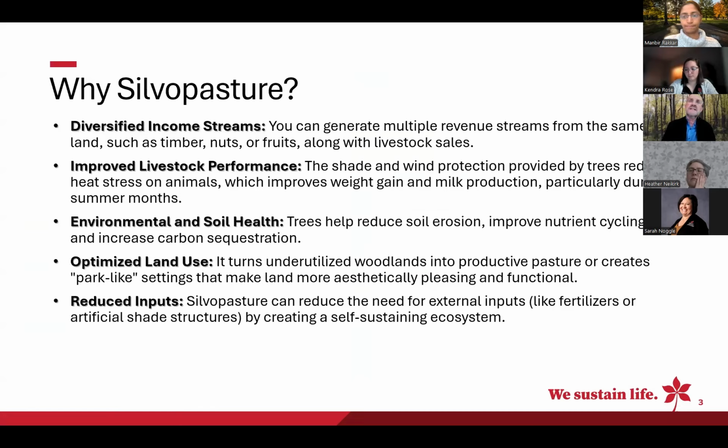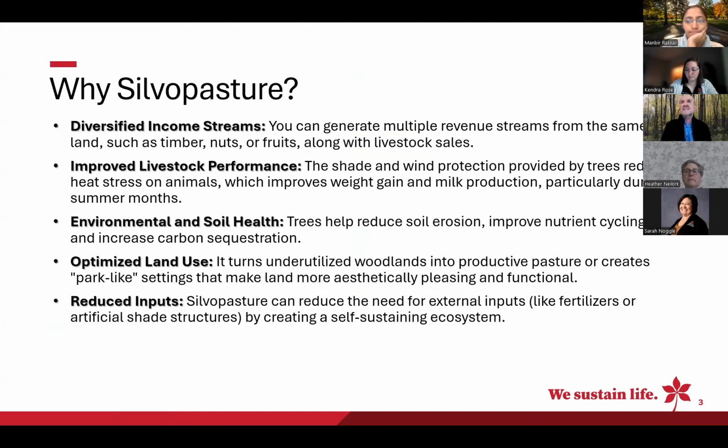So, you can develop some diversified income streams, looking at not only your livestock sales, but even timber, fruits, nuts, etc. One of the things that we have discovered with the use of silvopastoral systems is that it actually improves livestock performance.